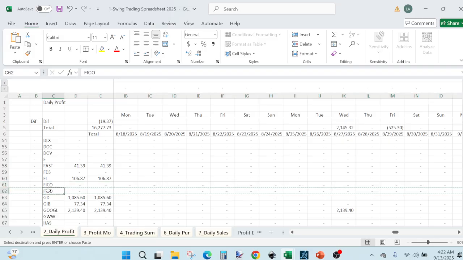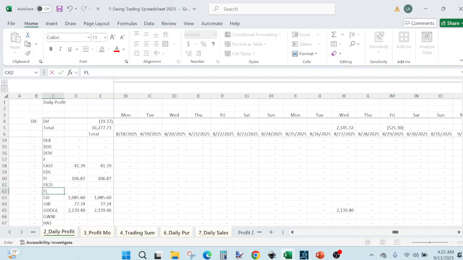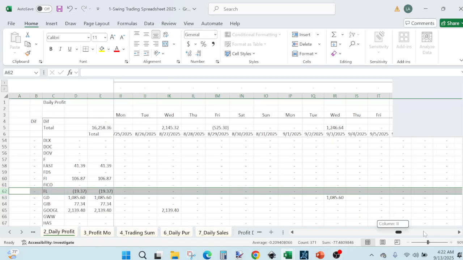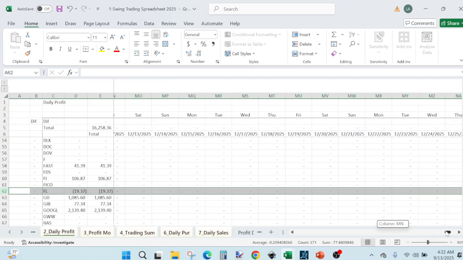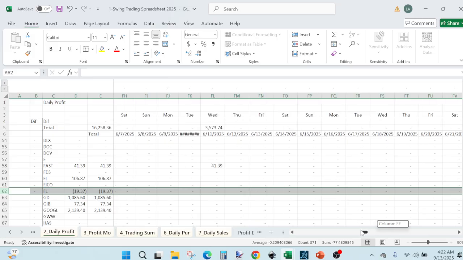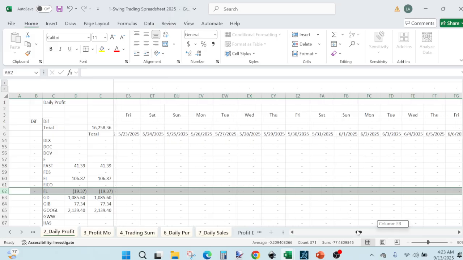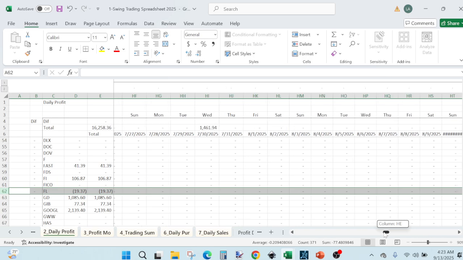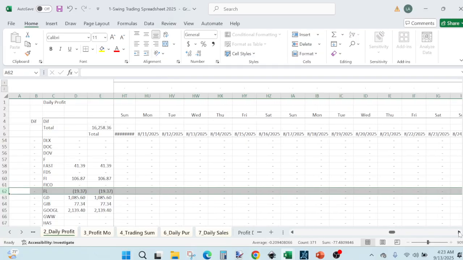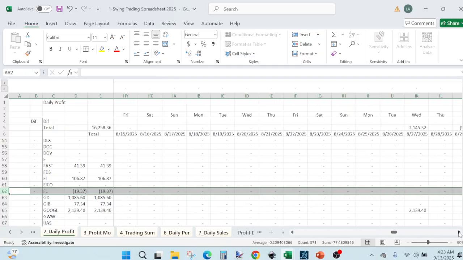Okay, and then I'll just go there and I'll put FL. And as I did that, I could go to September. It should pull some profits.